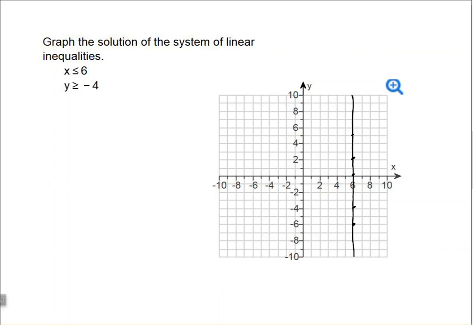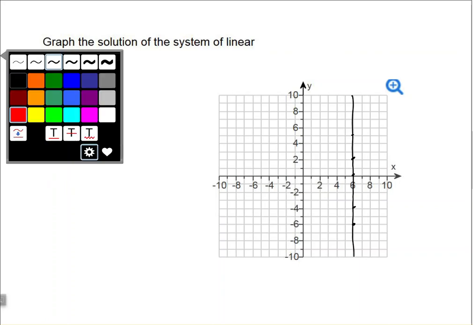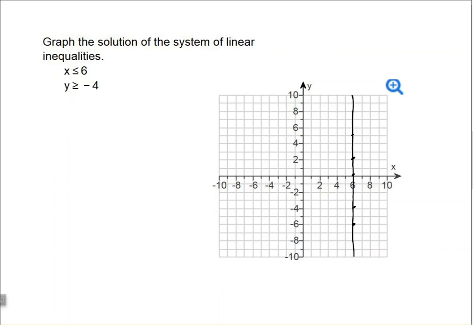And it says x is less than, so I know my solutions are to the left of that line. But we also have the inequality of y is greater than or equal to -4. So again, I have the or equal to bar, so I'm going to use a solid line, a horizontal line crossing the y-axis at -4.